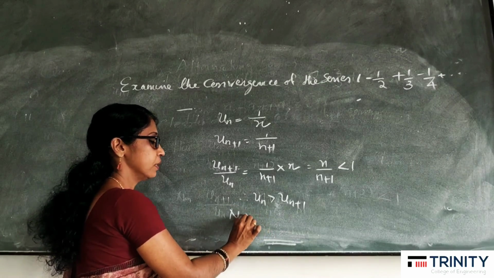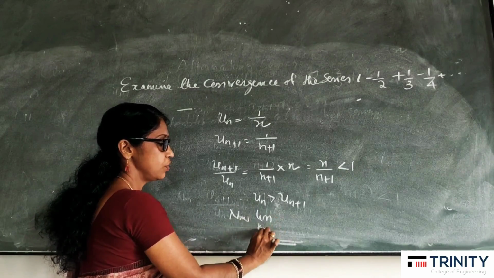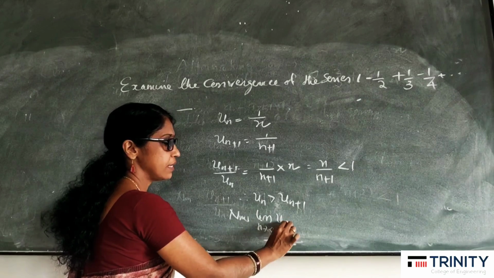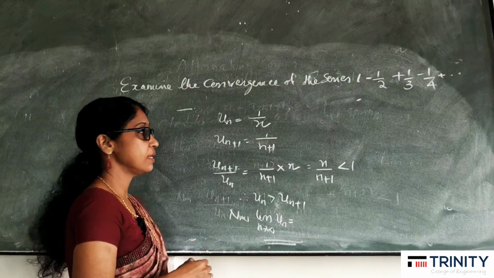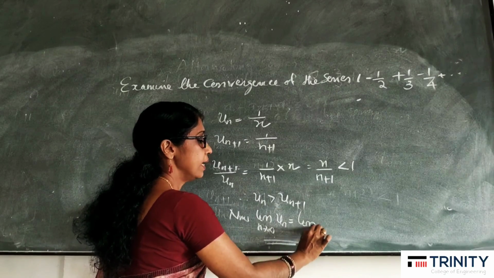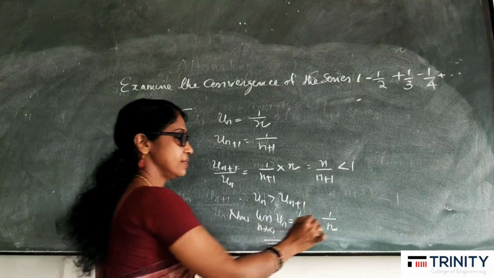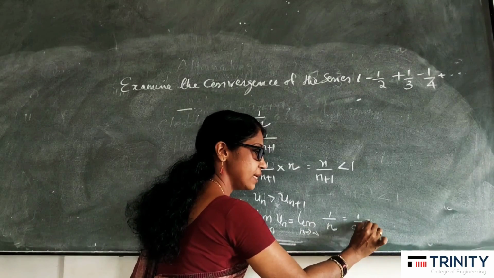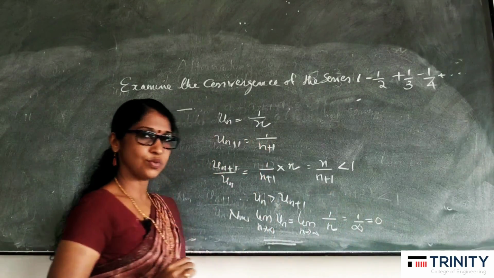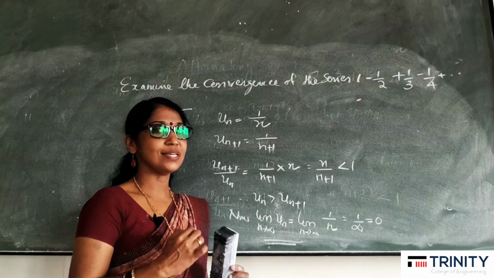Now we have to find limit n tends to infinity u_n. Limit n tends to infinity u_n is equal to limit n tends to infinity 1/n, which is equal to 1/infinity, which is equal to 0.